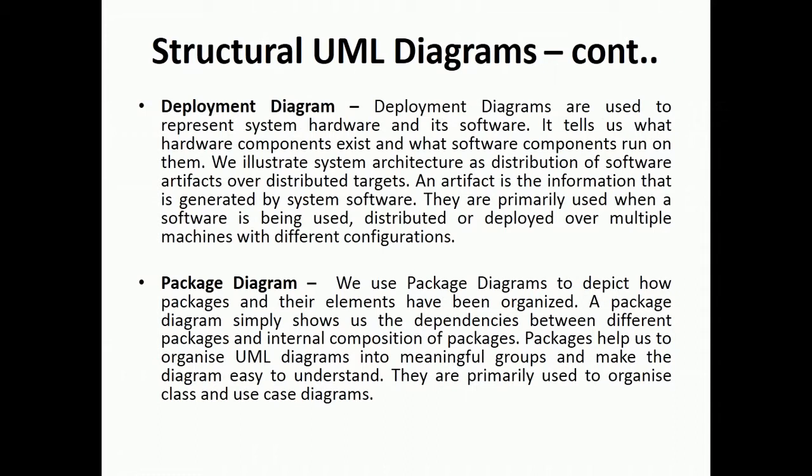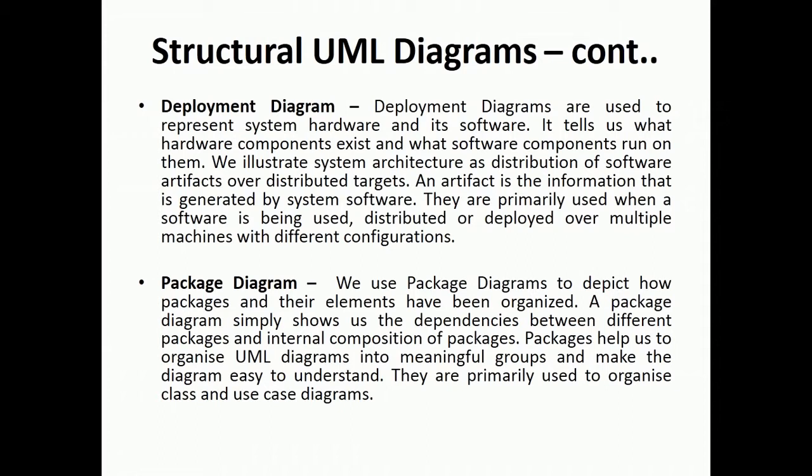Now the deployment diagram and the package diagram. Deployment diagrams are used to represent system hardware and its software. So we can say that deployment diagram is related to the system hardware and software. It tells us what hardware components exist and what software components run on them.